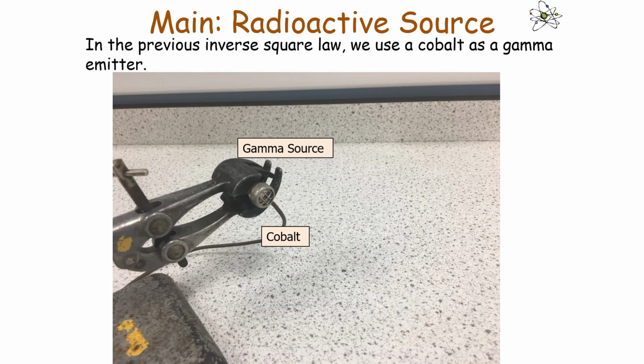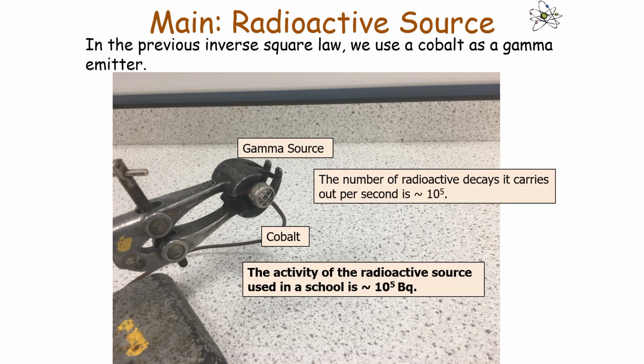Previously we have looked at the inverse square law, and we've looked at cobalt as a gamma emitter. We can say that the number of radioactive decays it carries out per second is on the order of 10^5, so the activity of the radioactive source is about 10^5 becquerels.